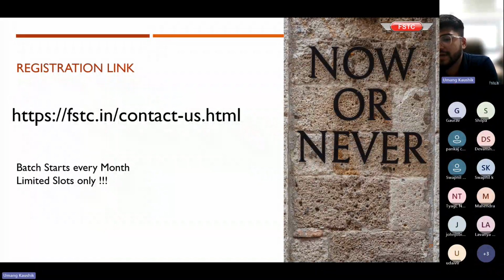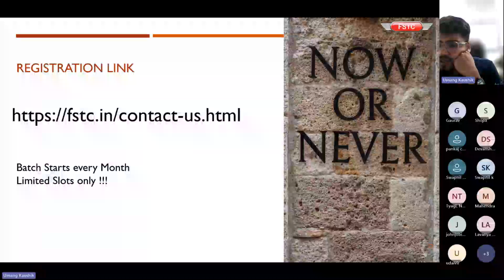I'm seeing so many yeses. Mahindra, Udayveer, Gaurav, Tyagi, John, Devansh, Swapnil, Pankaj. All of you, right? You guys are registered with me. I have your email IDs.